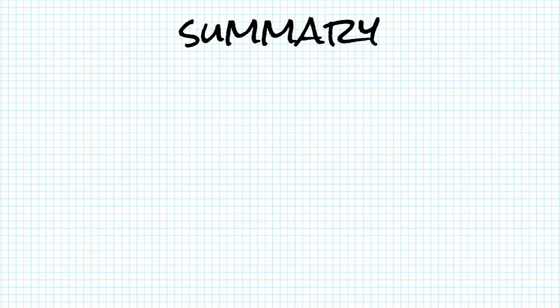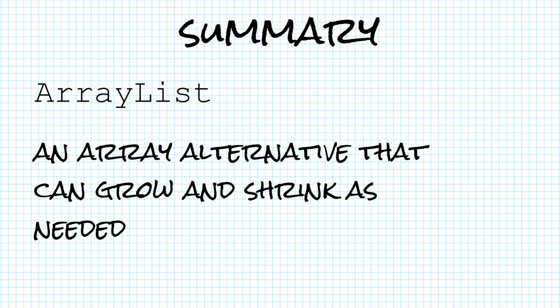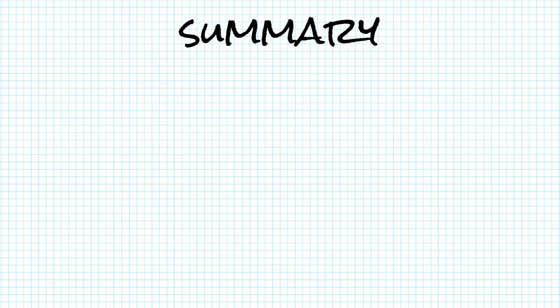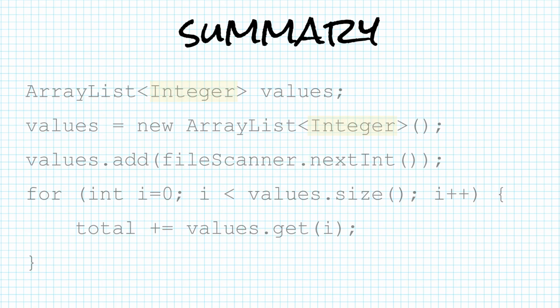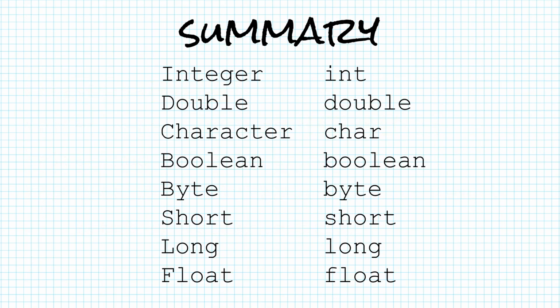In this video, we looked at the ArrayList class, an alternative to an array that can grow and shrink as needed. We looked at an ArrayList version of a program we'd previously written that reads integers from a file into an array and then averages them. We learned that you must use methods to access and add to an ArrayList. We learned that ArrayLists cannot hold primitive values, but there are object wrapper classes for all primitive types, so we can store primitive data in an ArrayList.